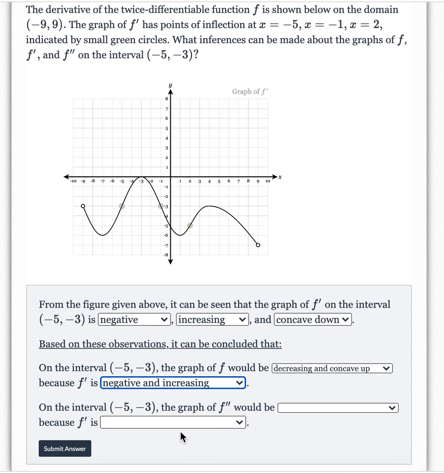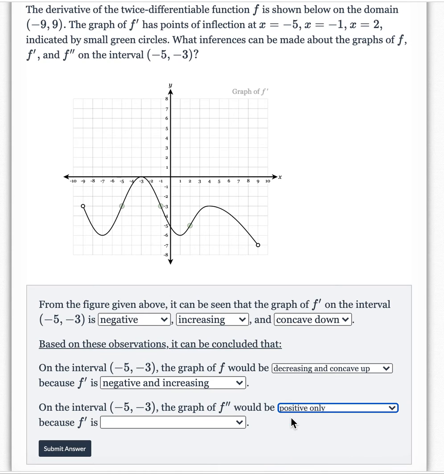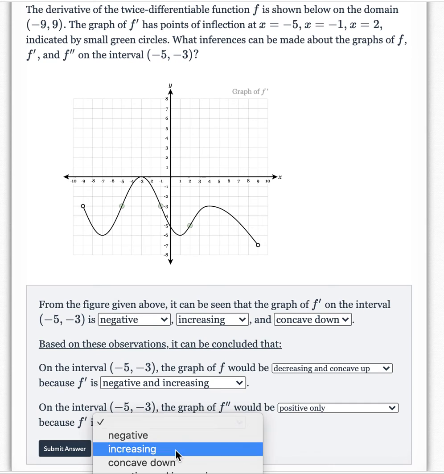On the interval -5 to -3, the graph of f double prime would be positive because f prime is increasing.